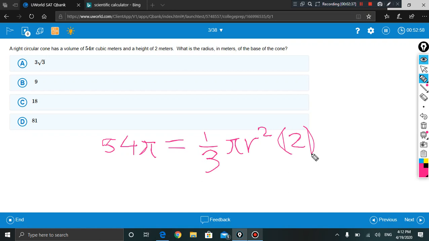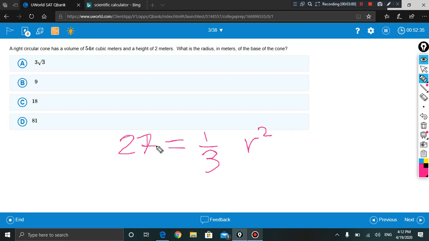Okay, we can divide by pi both sides, so we can just remove the pi here and remove the pi there. We can also divide by 2 both sides to simplify things a little bit. This one will be 27.